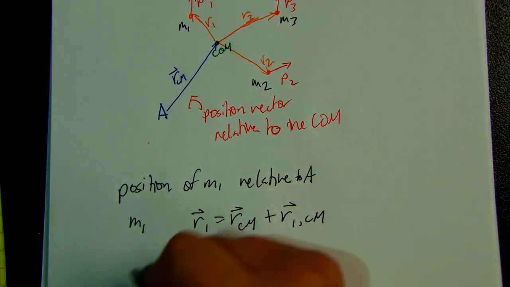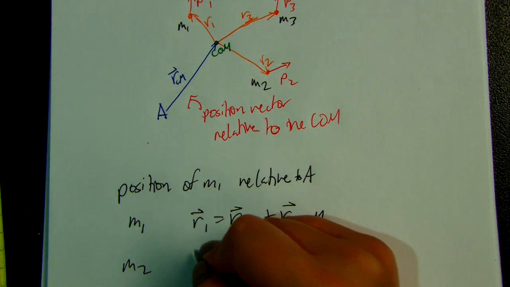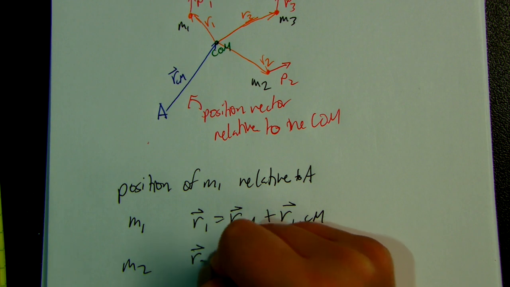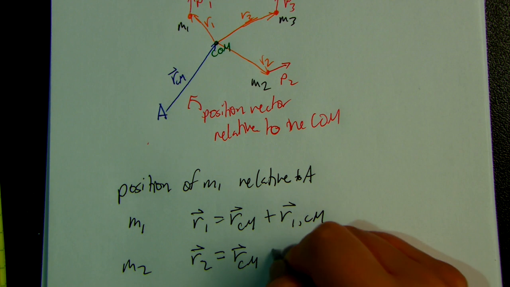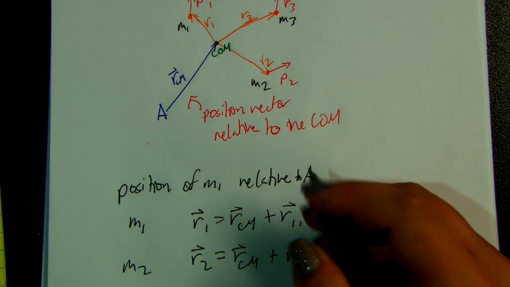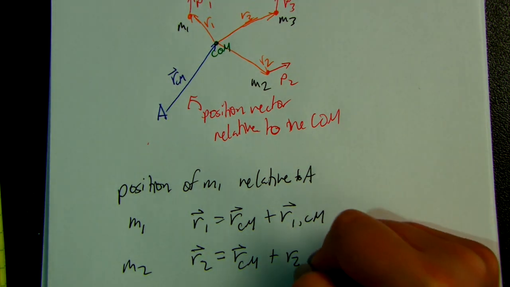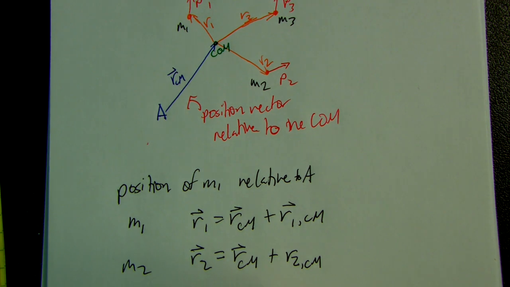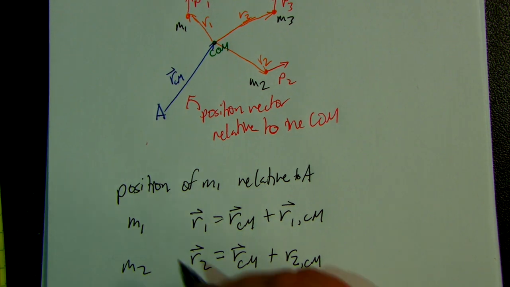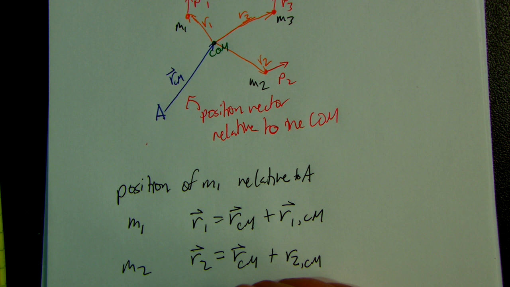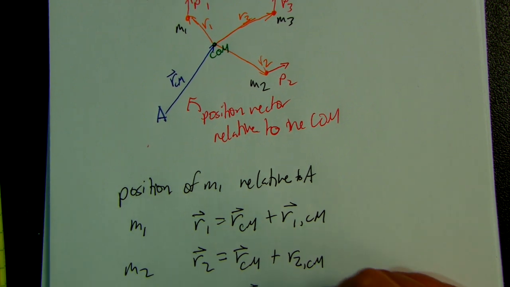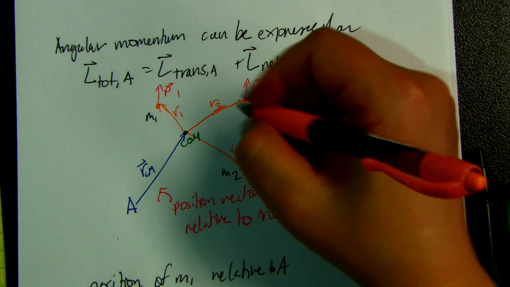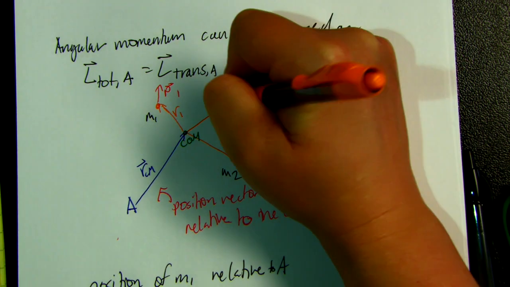M2, as it would follow, R2 is equal to RCM plus R2CM. M3, R3 is equal to RCM plus R3CM. Let me just modify my picture. So these are all vectors with respect to the center of mass.